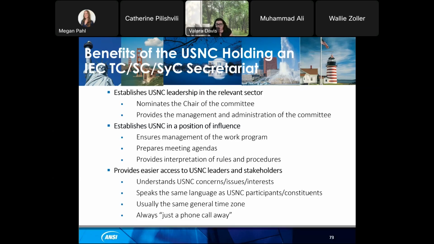It helps establish the USNC in a position of influence because you're managing the work program, preparing the meeting agendas, interpreting the rules and procedures of the IEC, and you're on the front lines of new systems, new processes, and new revenue generating ideas, able to see what's coming from the IEC.